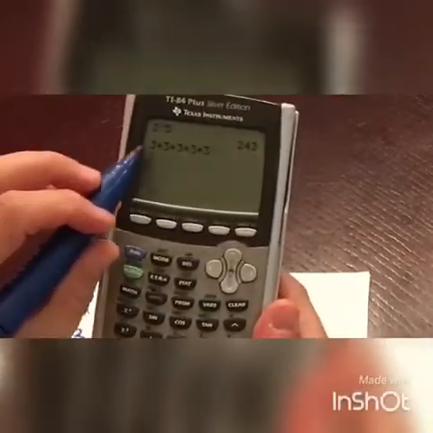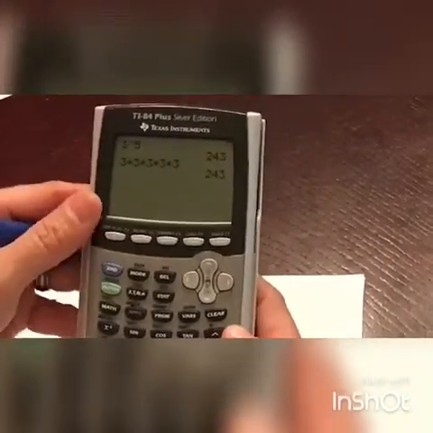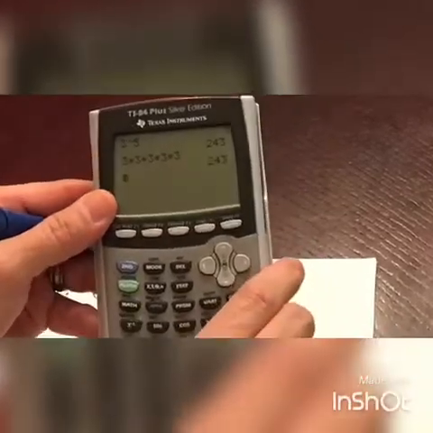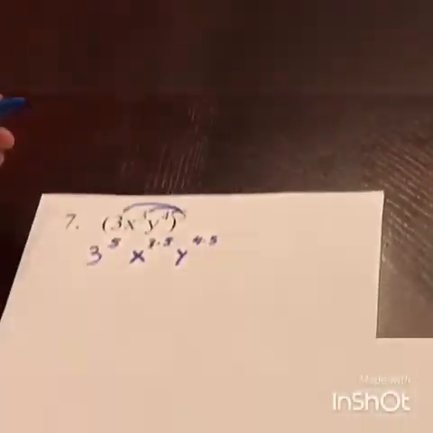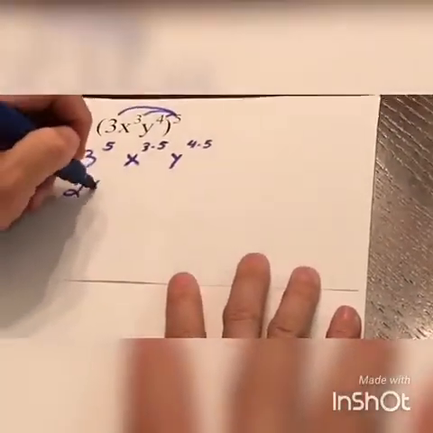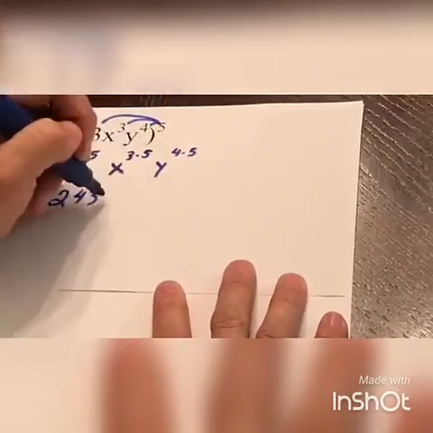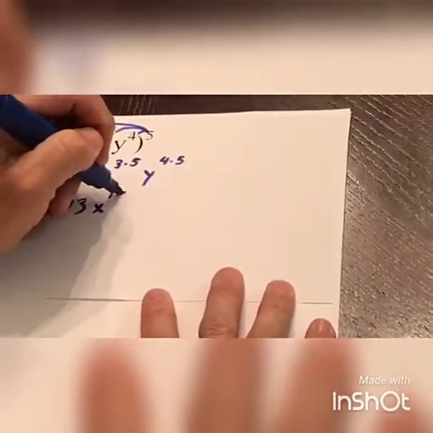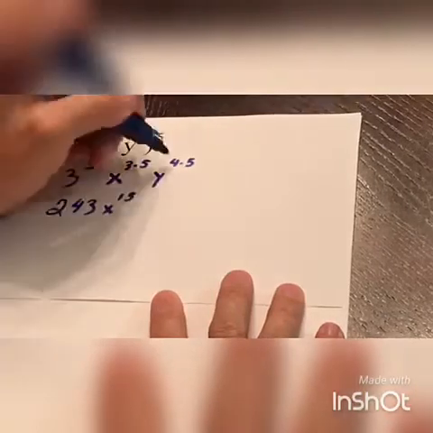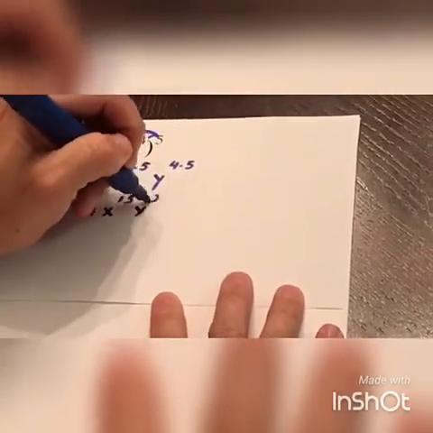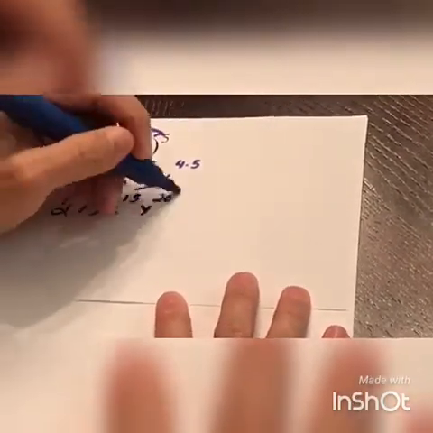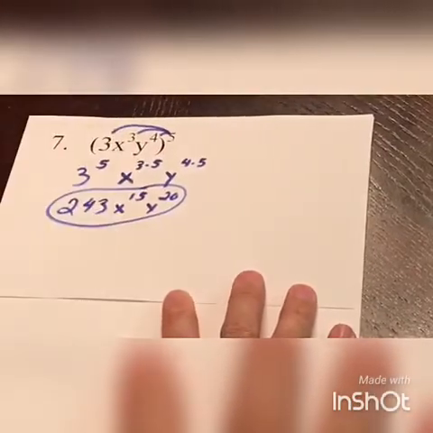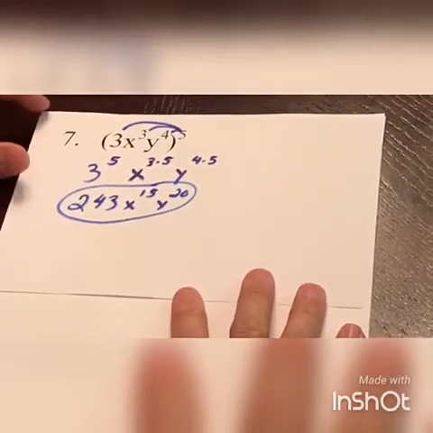Make sure we have 5 of them. 1, 2, 3, 4, 5 threes. Enter. 243. 3 times 5, x to the 15th. 4 times 5, y to the 20th. And there's our final answer for number 7.